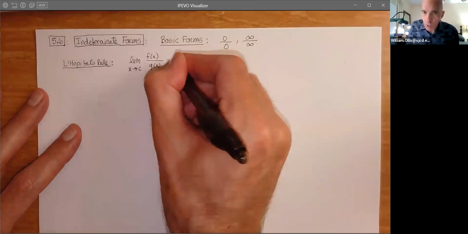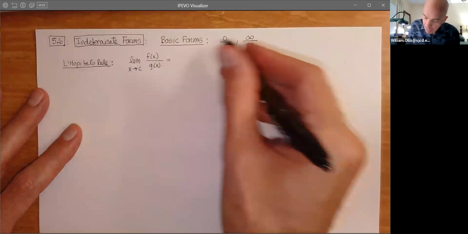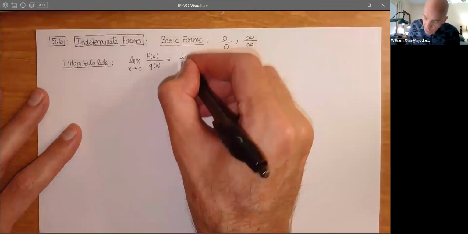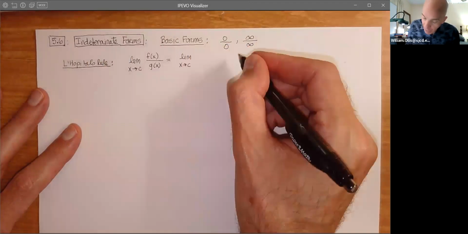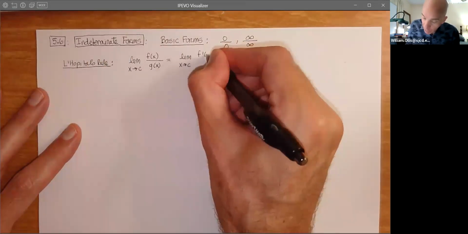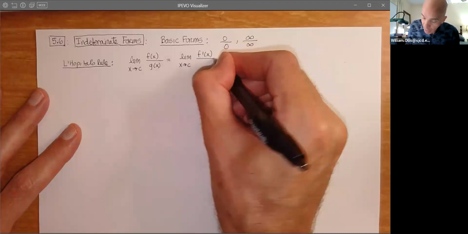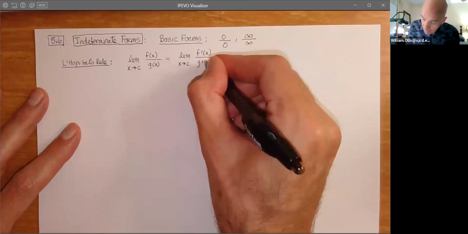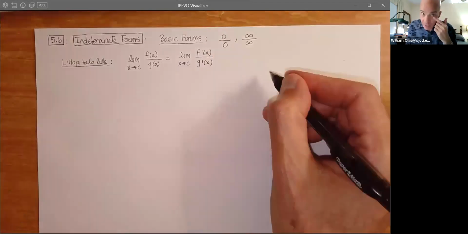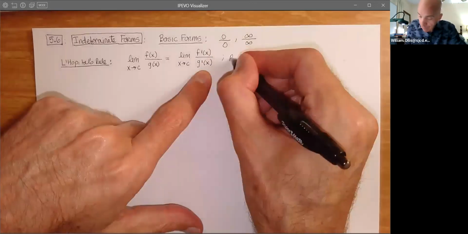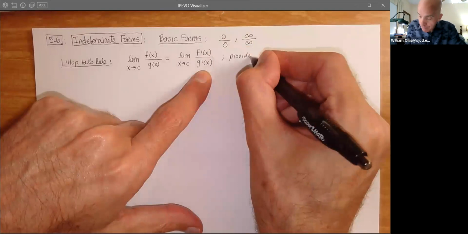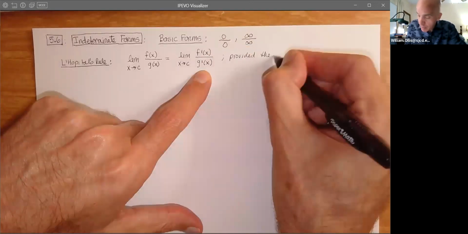If this fits one of these forms, then we can take the derivative of the numerator using the Cauchy mean value theorem and the derivative of the denominator and try again. That is, these are equal provided this limit exists.